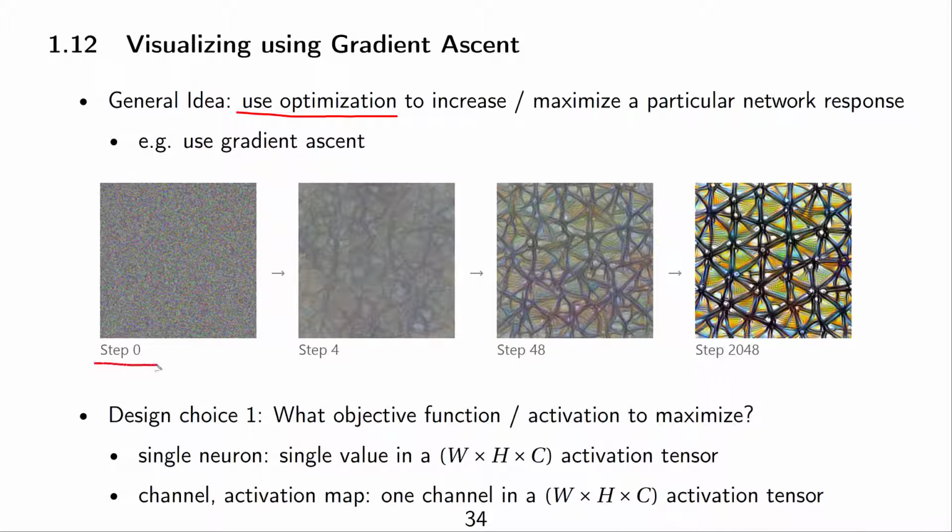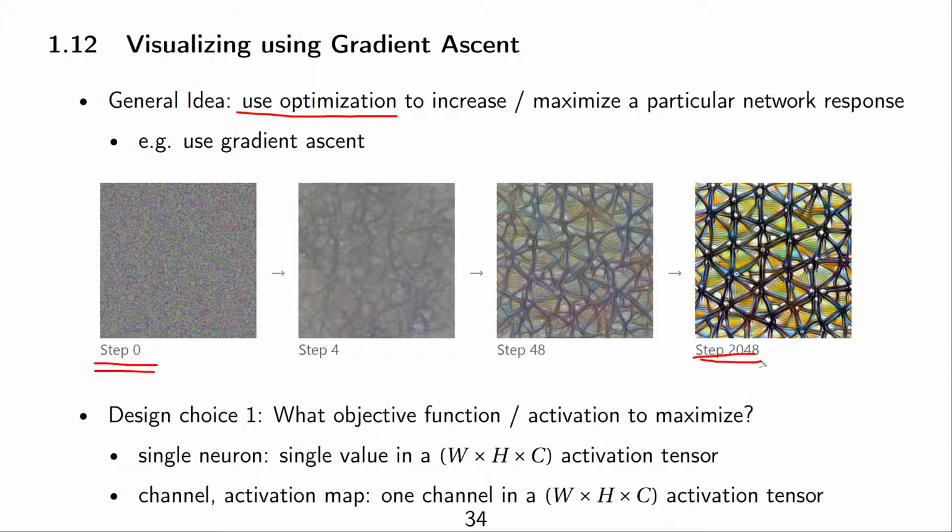Let's say we initialize an image at step 0 with white noise. And then we iteratively change the image such that it maximizes a particular network response. This is step 2048, and here we already get a really nice and colorful image.